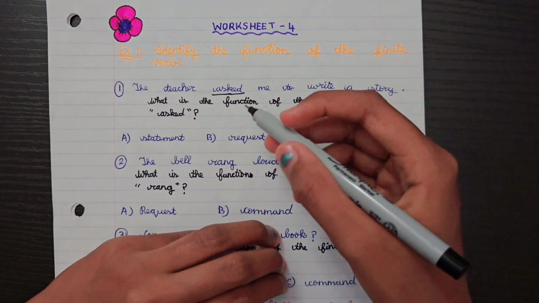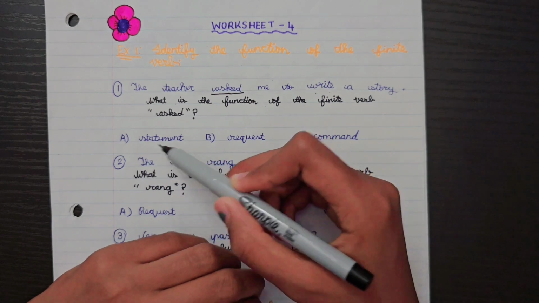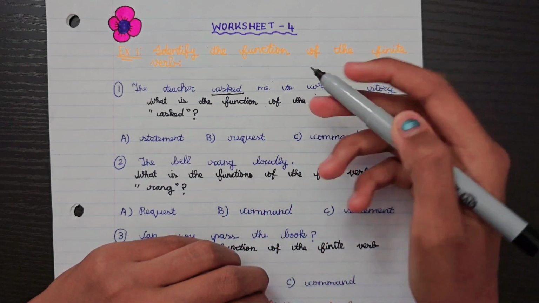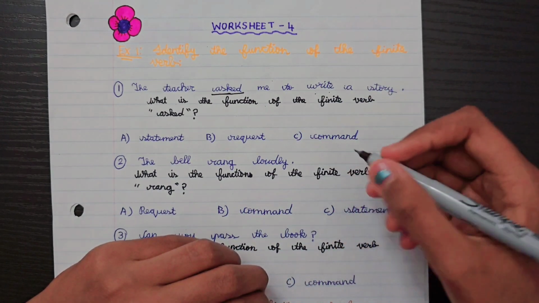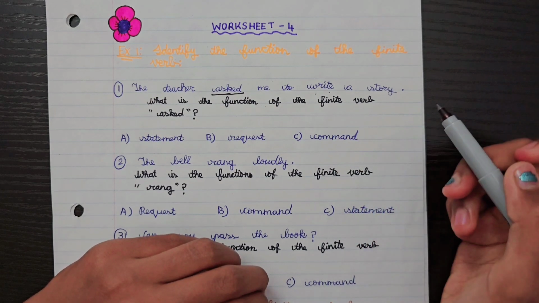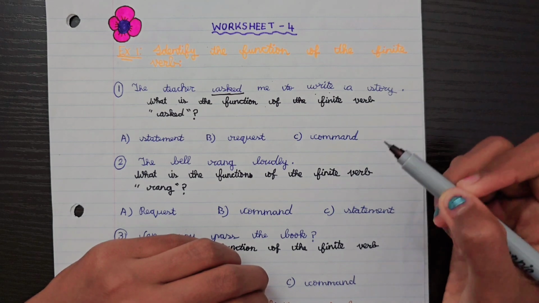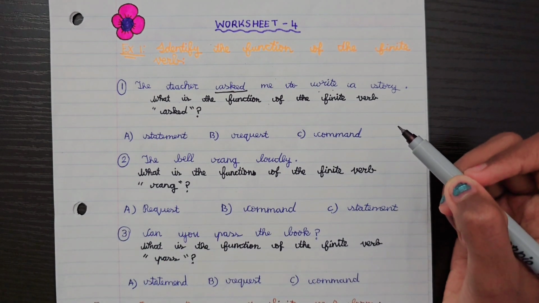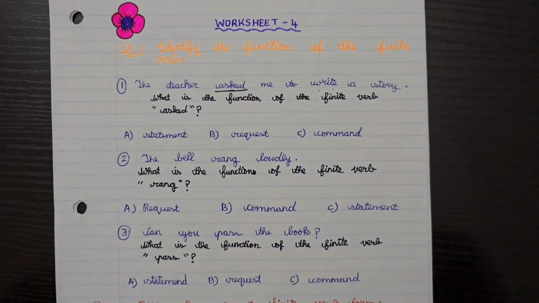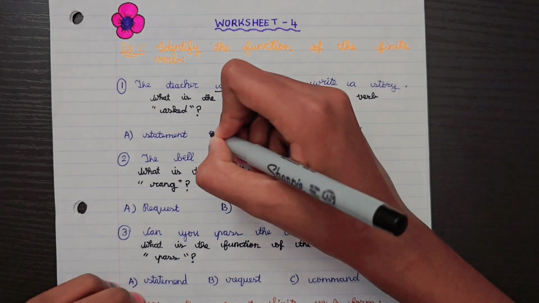So we should identify what function it is. A option, statement. B option, request. C option, command. The teacher asked me to write a story. So you can read the sentence again and again to find the correct answer. So in this sentence, the answer will be request.